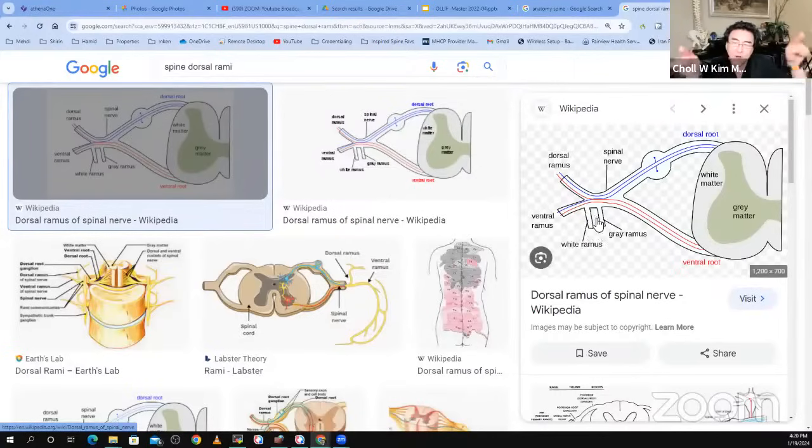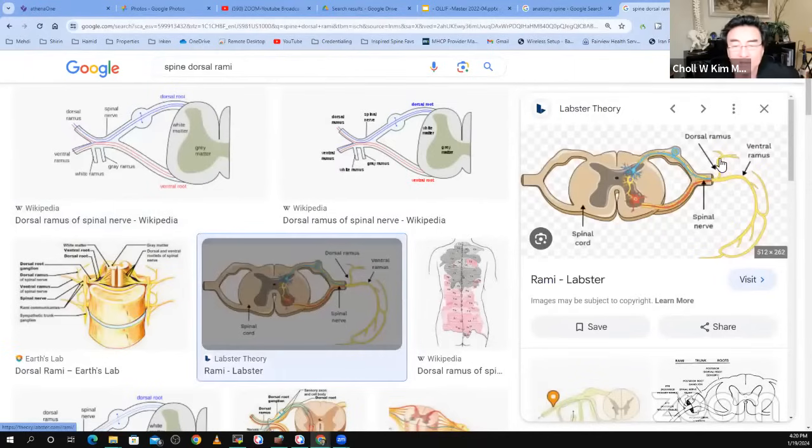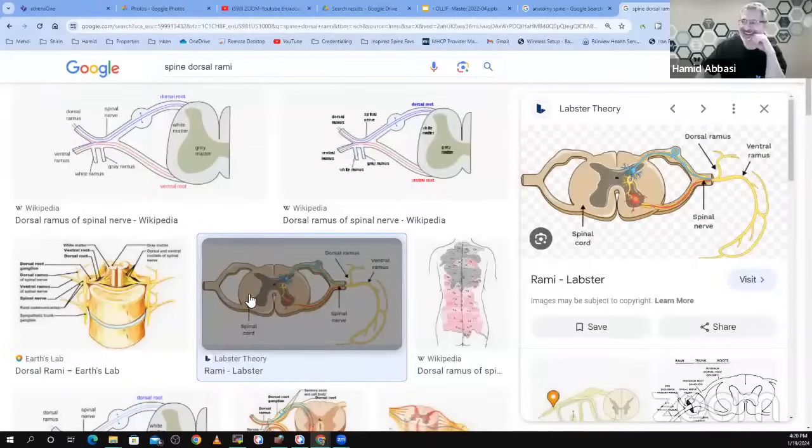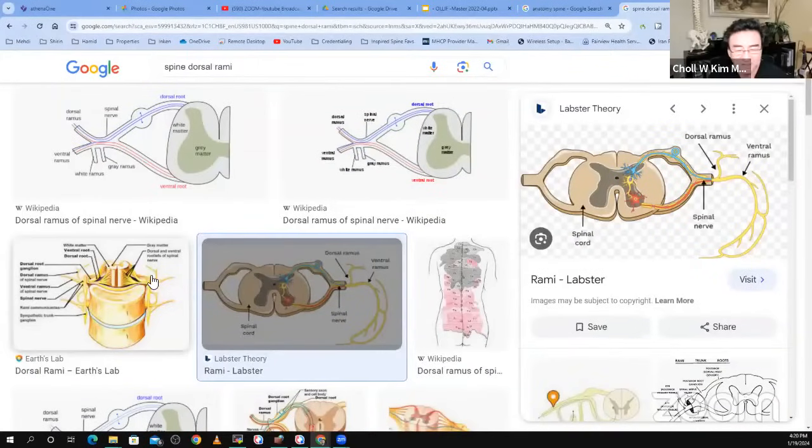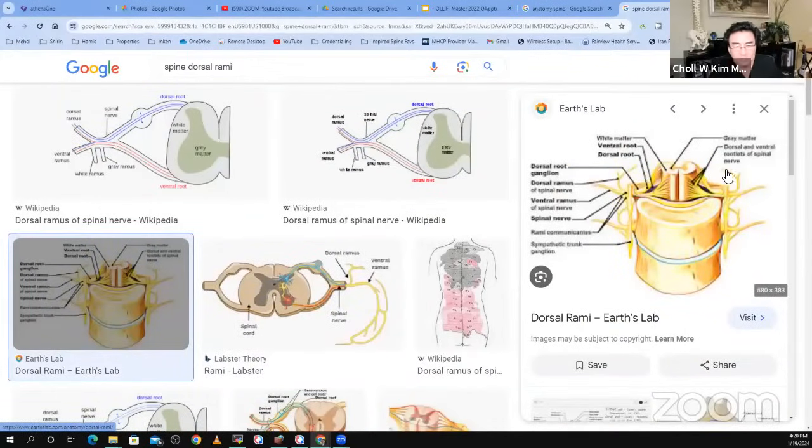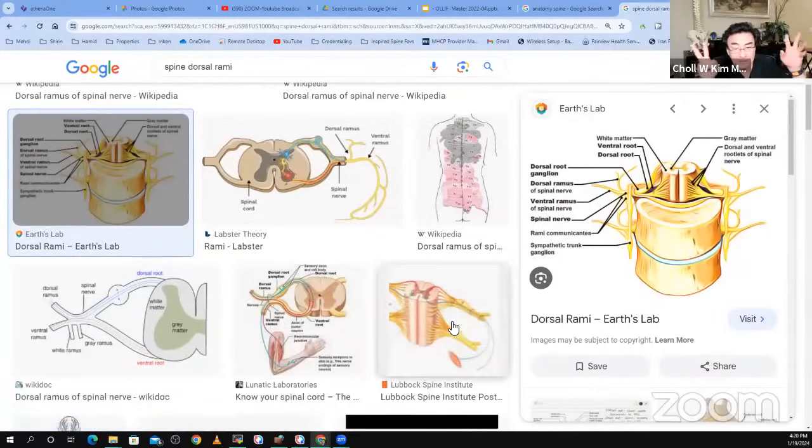But small little branches of the nerve curl back and innervate the pain sensory fibers of the little joints in the back of your spine, the tendons and the muscles. And those are called the dorsal rami branch. It's just a silly name that medical doctors come up with using Latin, and it's completely forgettable. But they're little branches of the nerve that serve to basically provide pain sensation to your back.